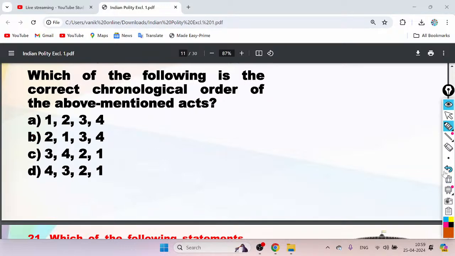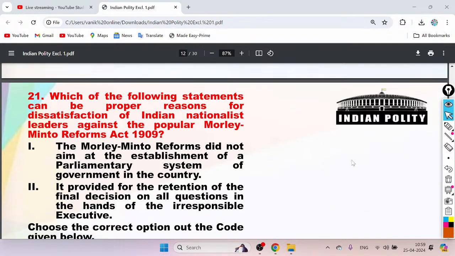Next question. Which of the following statements can be proper reasons for dissatisfaction of Indian nationalist leaders against the Parliamentary Reforms Act? The Parliamentary Reform did not aim at establishment of a parliamentary system or self-government in the country. Yes, that was the reason also. And it provided for retention of the final decisions on all questions in the hands of an irresponsible body. Yes, both are correct.